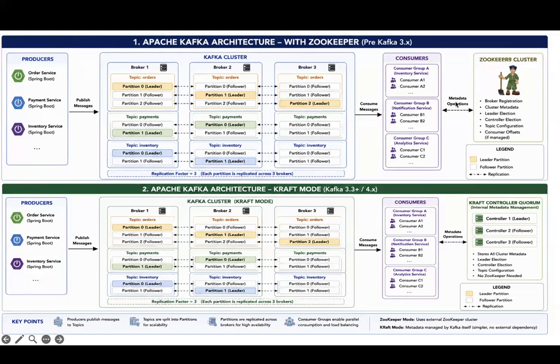Why do we need the ZooKeeper cluster or KRaft controller quorum? To store metadata operations. What is metadata? Metadata is what brokers I have, what cluster IPs I have, who is my leader, what is my topic configuration, what are my consumer offsets. All the information I want to read and write, the metadata, will be available in the ZooKeeper cluster.